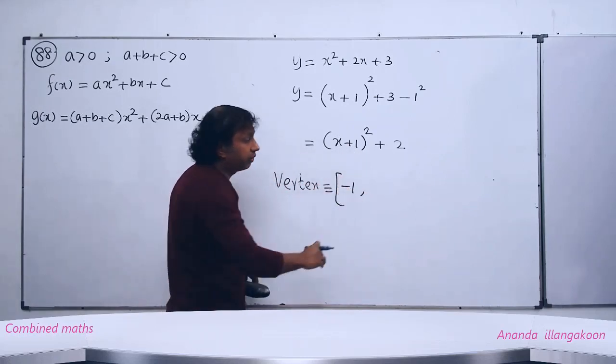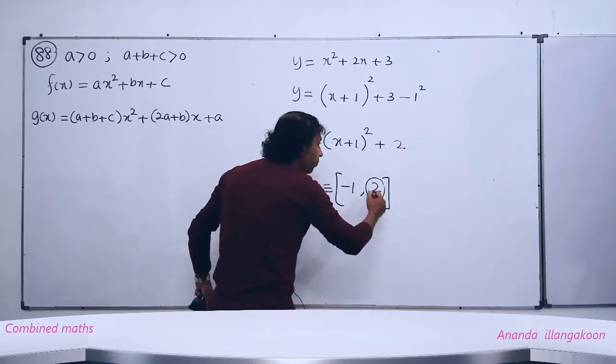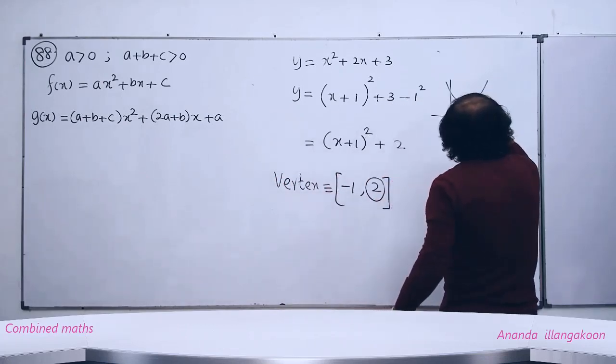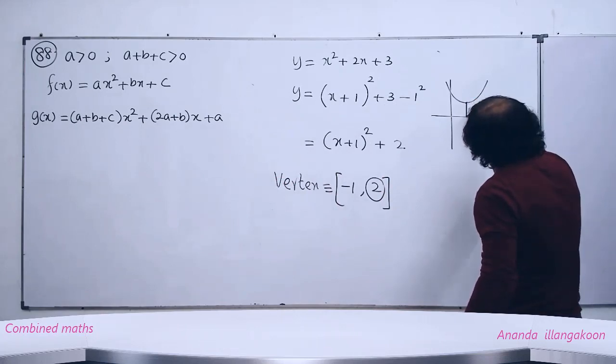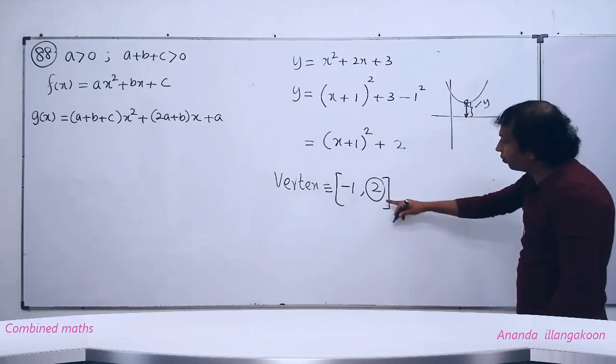Y coordinate here 2. This y coordinate, people, of a minimum graph. Here when we draw a minimum graph, this is the lowest point now, people. Then minimum value means what, people? This height. This height means the y coordinate of the vertex, this one.